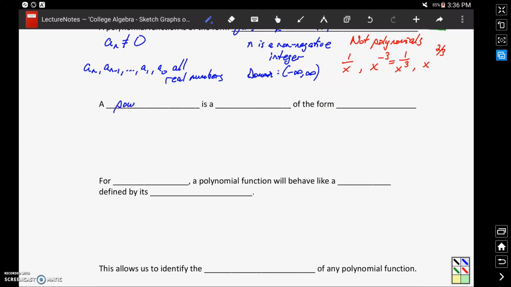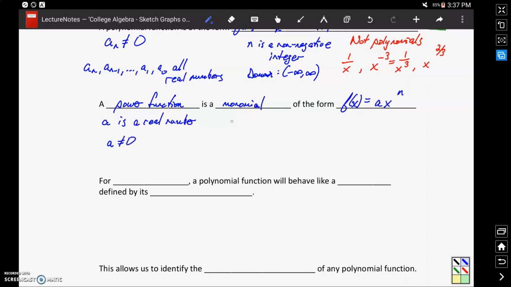A power function is what's referred to as a monomial. So instead of a polynomial, a monomial, meaning a polynomial with just a single term, is something of the form f of x equals a times x to the n power. So we have a single coefficient, a single x being raised to a power, so only one term. Here a has to be some real number, and a can't be equal to 0.